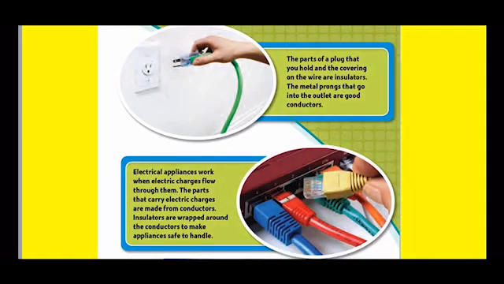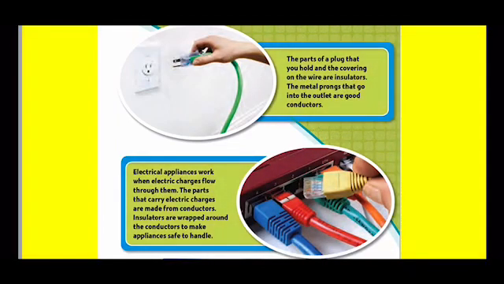And then the metal prongs that go into the outlet are good conductors. So the metal parts of the plug absorb electricity and bring it to you so you can use it. But it is safe to use because you are holding the insulated part.